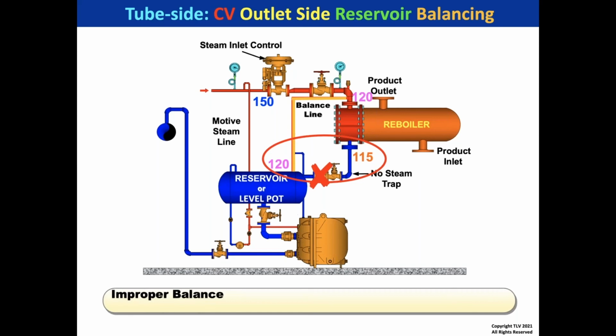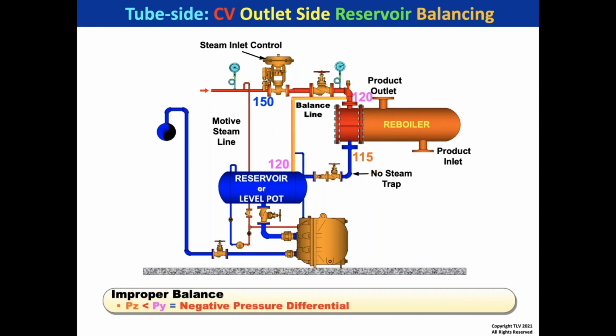But you cannot do it with a reservoir because in addition to having the necessity to flow condensate into the reservoir, the power trap also has to be able to exhaust the vent steam back into a condensing source. And it cannot vent it into the condensing source if the condensing source is 120 psi. It's a restriction to the power trap and it negatively affects performance.